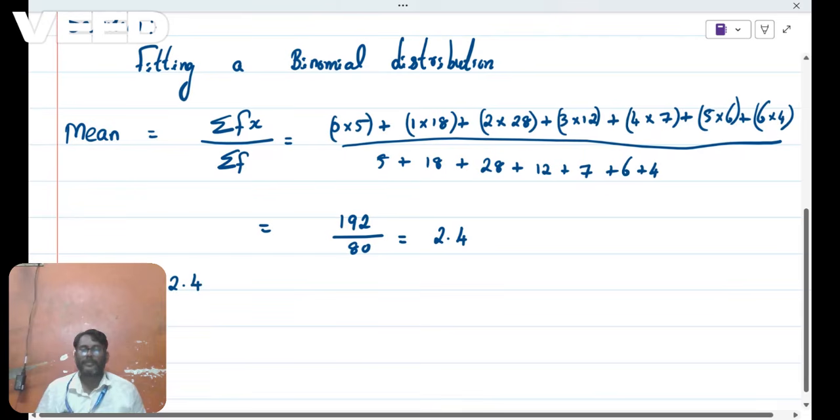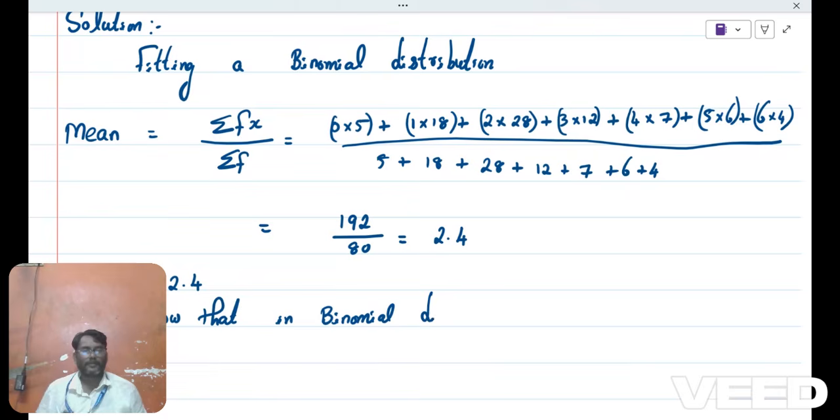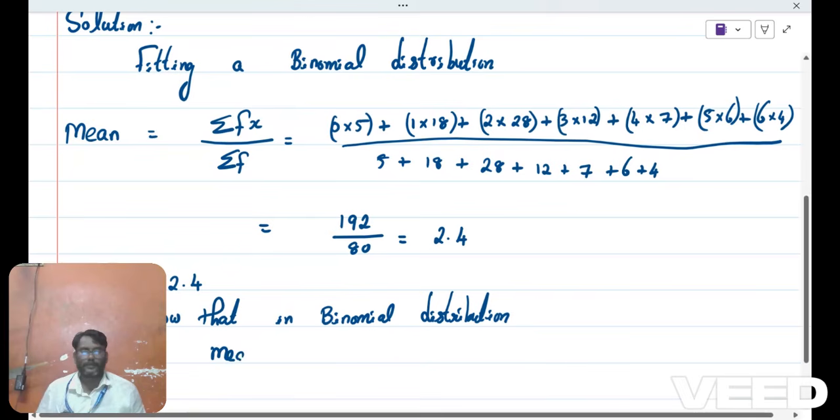So we got mean is equal to 2.4. We know that in a binomial distribution, mean is equal to n into p, which is equal to 2.4.